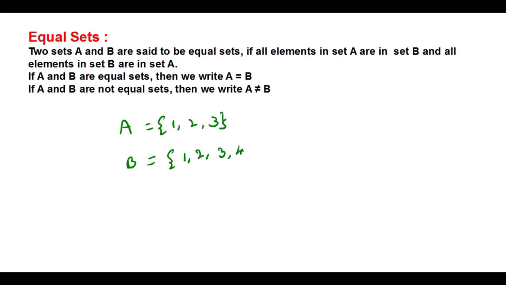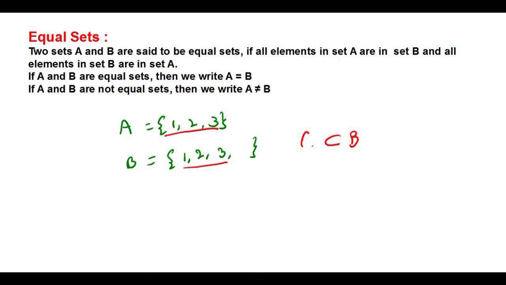Here all the elements of set A are in set B. In this case we call it A subset B. In the last class we have discussed it. It is A subset B, not A equal to B.